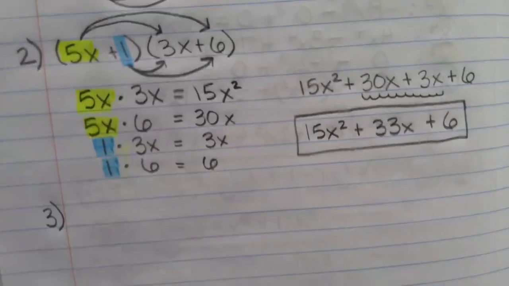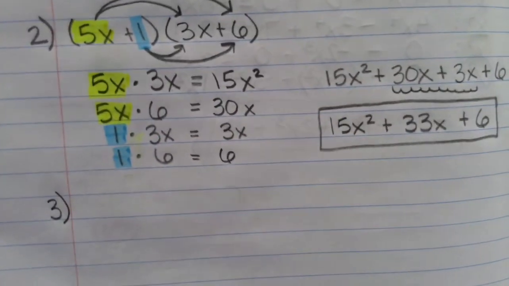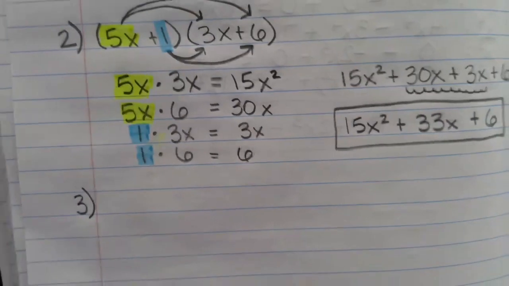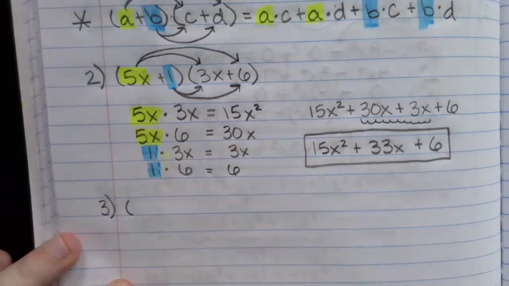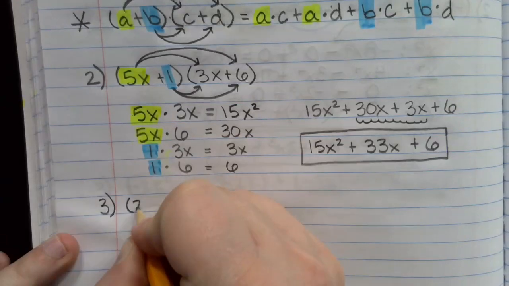All right, number 3. This time we're going to do a binomial times a trinomial. How exciting. In our first binomial we have 2w minus 8.